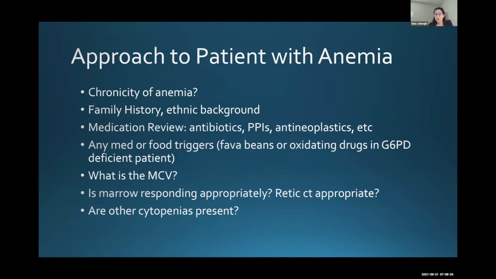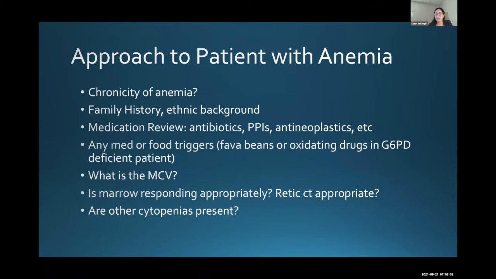Medication and food triggers are also important in that same area, because G6PD deficiency, which is also a hereditary hemoglobinopathy, can be triggered by oxidating medications and fava beans, and there may be some family history there as well. Medications are always important to look at.